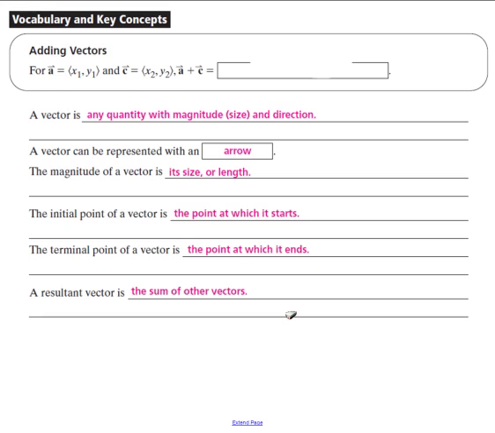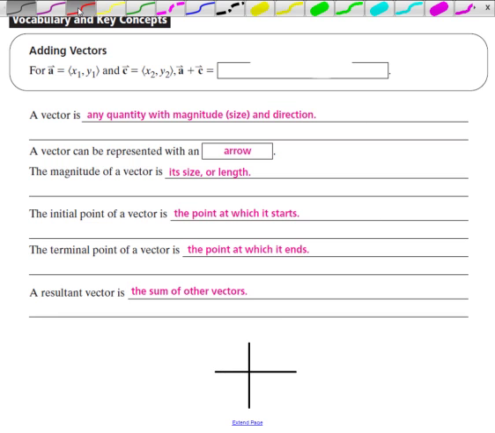Now, another neat way for describing a vector is using x and y coordinates. If we think about a Cartesian plane, just a basic graph where we have an x-axis, we have a y-axis, and we pick a point, let's call it 3, 2.